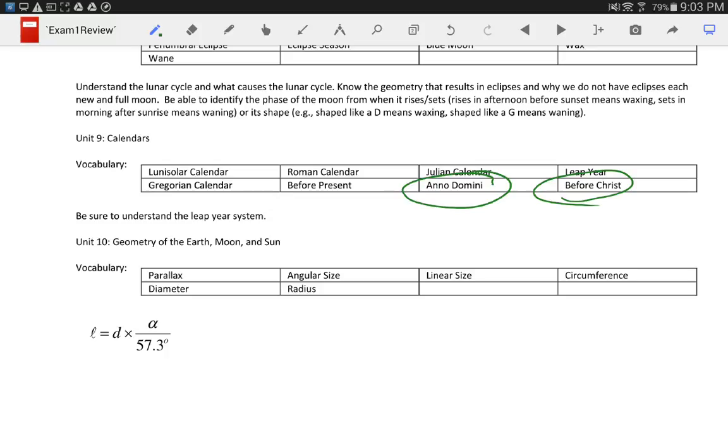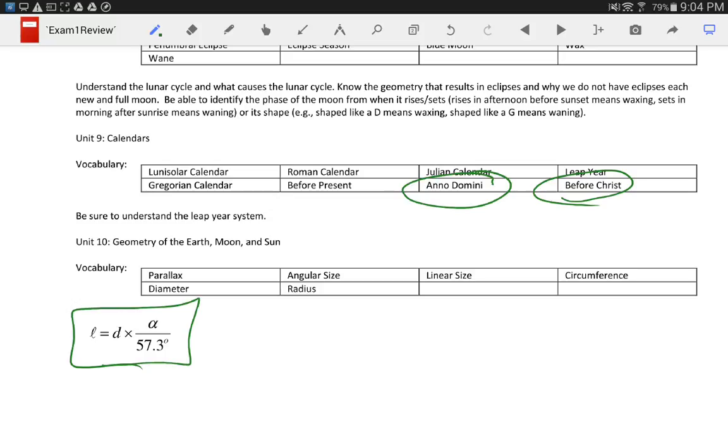Okay, Unit 10, doing some geometry. This small angle equation, you had to use that in a homework problem. So you should be able to use that. We measure the size of things by the angle in the sky they take up.